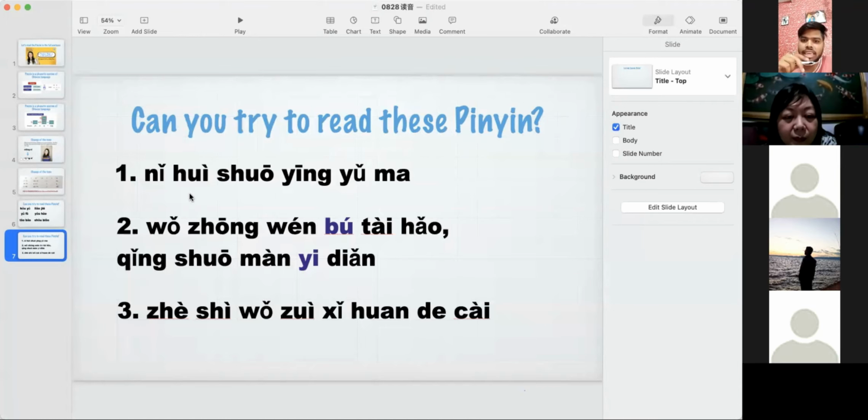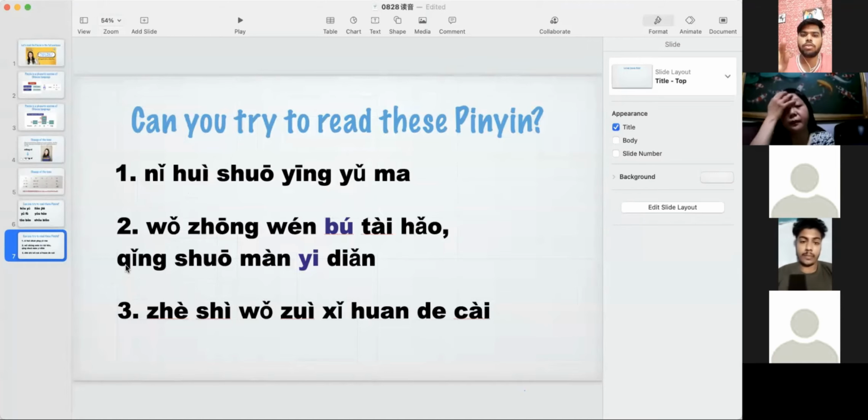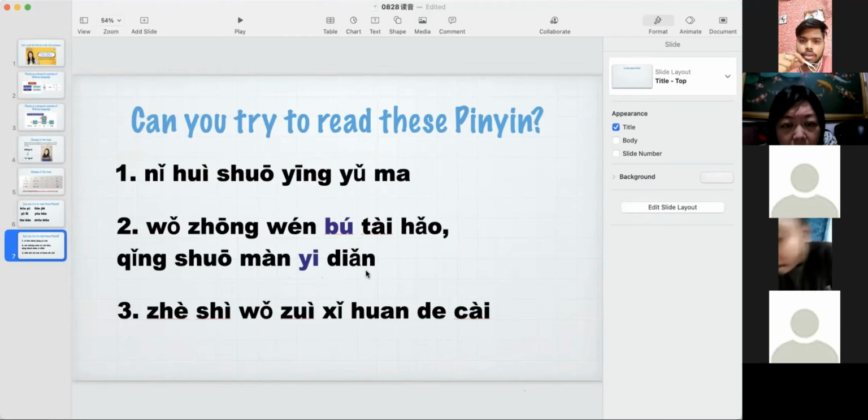请说慢一点。 You pronounce this into the second tone. So slowly, we can pronounce 请说慢一点. Here 一 is a light sound, so you can just read it quickly, 慢一点. Okay, try the third one. 这是我最喜欢的菜。 Here, this one, 洗.